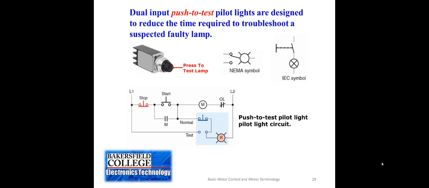So when you push one of those push-to-test pilot lights and it doesn't glow when you press it, probably the bulb is burned out, the lamp is burned out. Or it could be that there's no power to the circuit itself. But likely you're going to have a bad bulb in that situation.